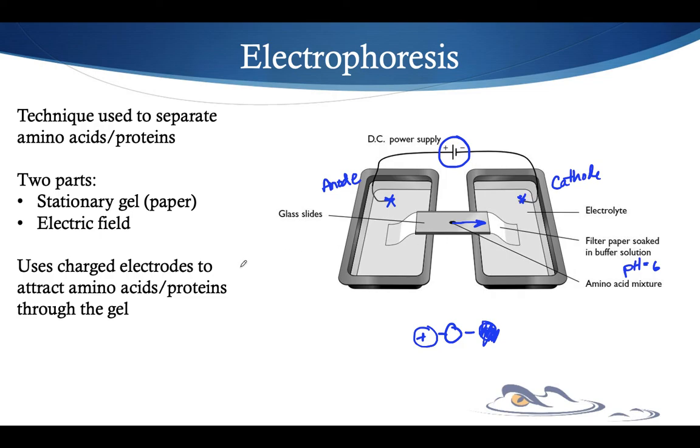So it's all about using this electric field, a positive side and a negative side, and then having the charges of the different forms of our amino acid, and then using that electric field to attract them to one side or the other. And then they will track through there. Very similar to if you have done a chromatography lab, where you had a dye on a piece of filter paper and then put it in water, right, and had it track with the water.